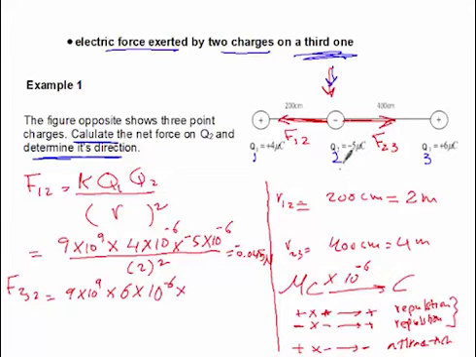This is Q2, which is again minus 5, converting it to coulomb and dividing by the distance between them, 4 meters, squared. And this will give us the force of minus 0.017 newtons. Again, this minus only means that there is an attraction force between them.